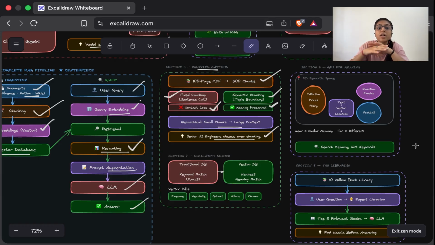Text discussing completely different topics ends up far apart, like football and quantum physics. For example, "what causes inflation" and "why prices are increasing" use completely different words, but their meanings are extremely similar. So their embeddings end up close together. This allows systems to search by meaning rather than exact wording.